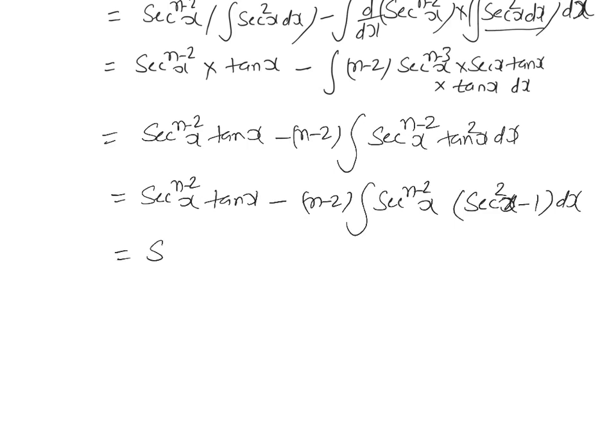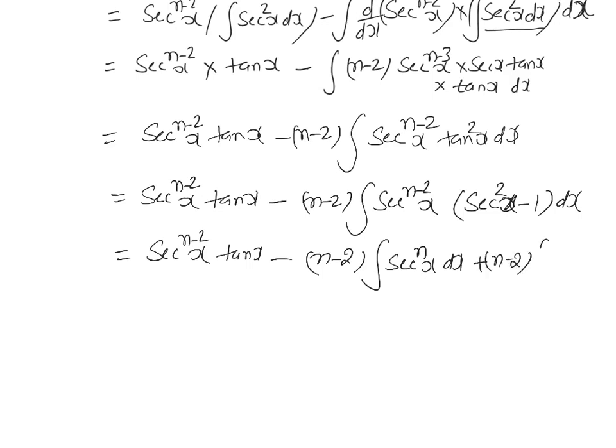So this is further equal to secant^(n-2) x tan x minus (n-2) integral of secant^n x dx, plus (n-2) integral of secant^(n-2) x dx, okay.